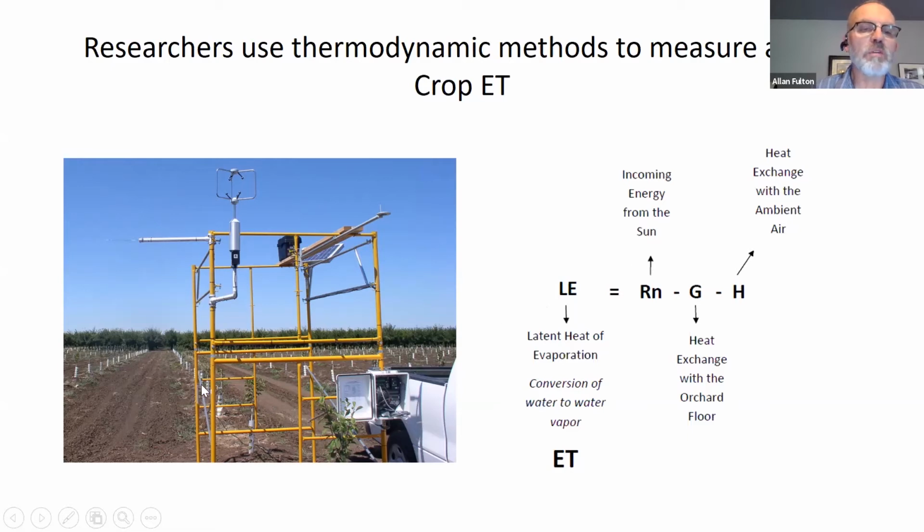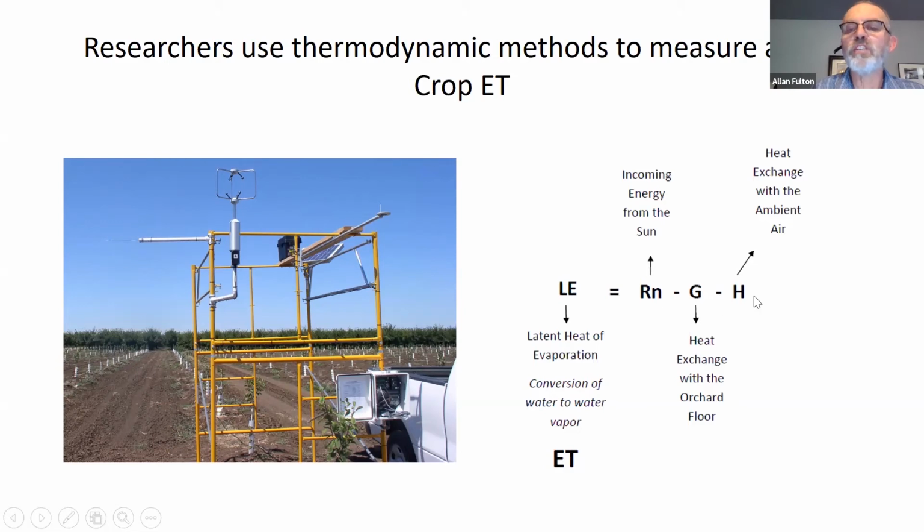You cannot see it in this picture, but we have sensors buried just below the soil surface at a depth of about 2 inches. These sensors are measuring the heat flux. In the heat of the day, the soil absorbs heat. At nighttime, when it's cool, the soil releases heat. This is the G term in the residual balance equation.